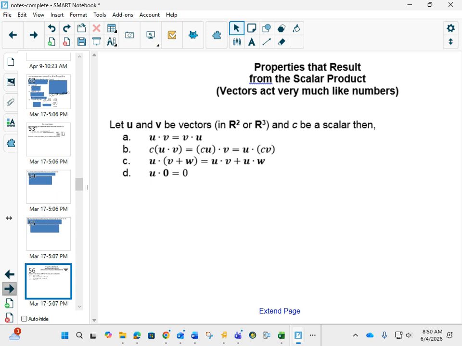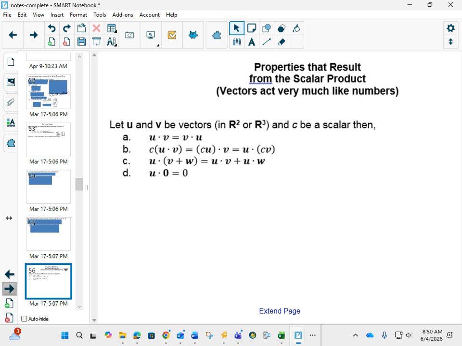Properties of the scalar product. In this case, vectors act very much like numbers. If you do the scalar product in one direction, it's exactly the same as the scalar product in the other direction. Makes sense, because if you switch them around and crashed them into each other and added up the pieces, it would be exactly the same.